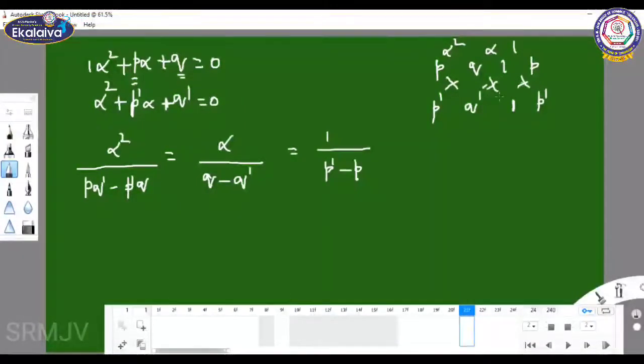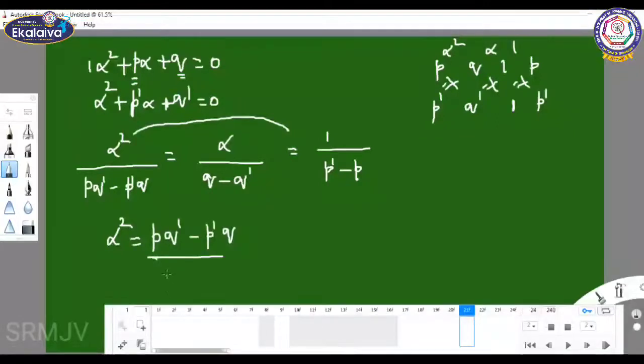So what is the value of alpha square? You compare these: alpha square equal to P Q dash minus P dash Q by p dash minus p.